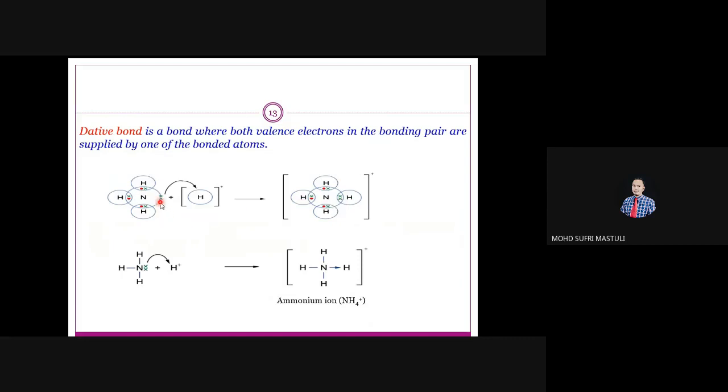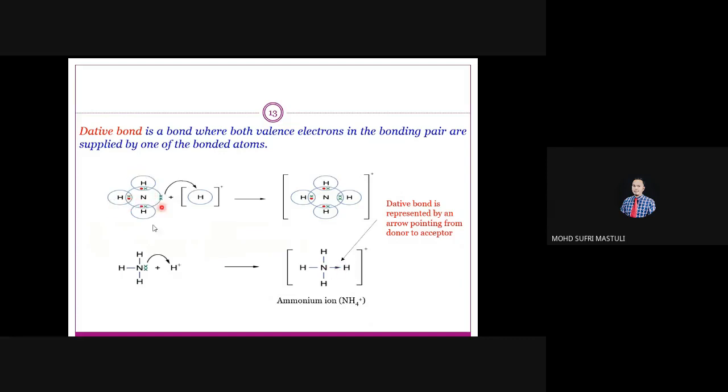So when we find this case, we call it a dative bond. So this is a single bond, this is a single bond, this is a single bond, this is single, but they have a special term. We call it dative bond or coordination bond, because both electrons in the bonding pair are supplied by one of the bonded atoms. The dative bond is represented by an arrow pointing from the donor.